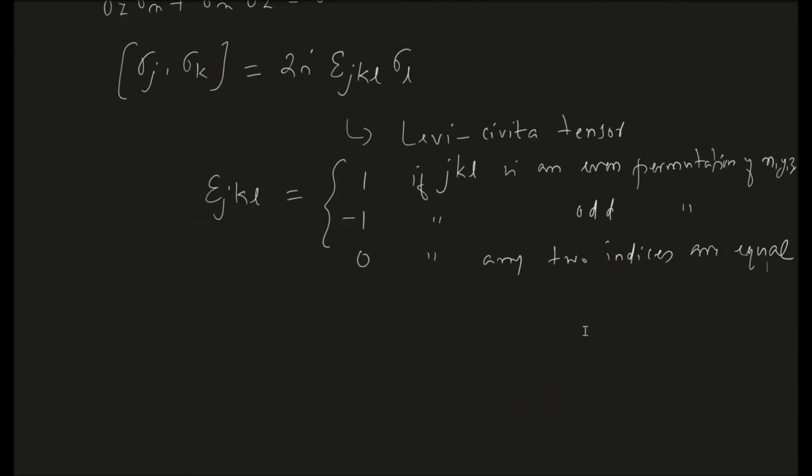Now you can also see that these Pauli matrices are Hermitian matrices. They are traceless and they have determinants equal to minus 1.